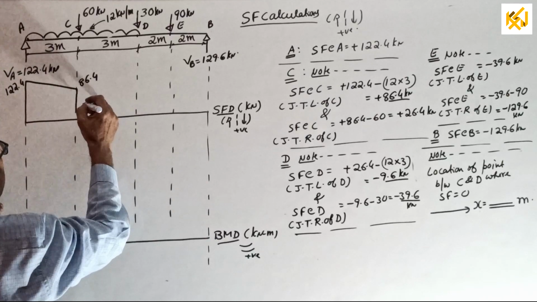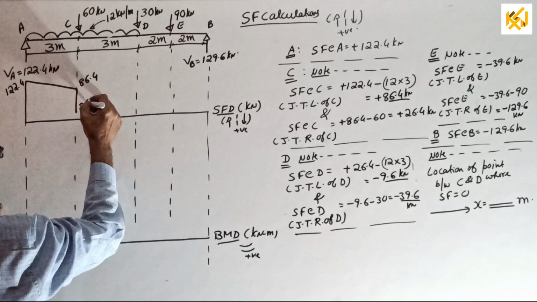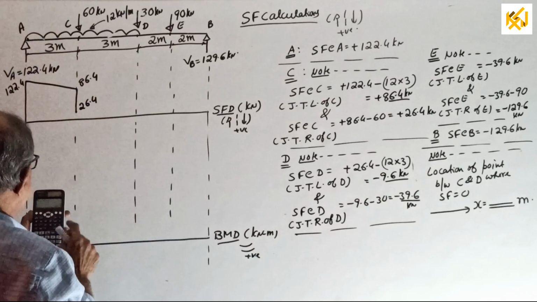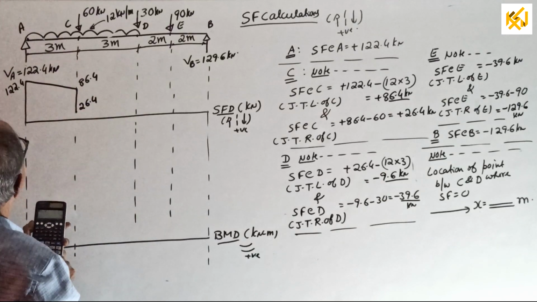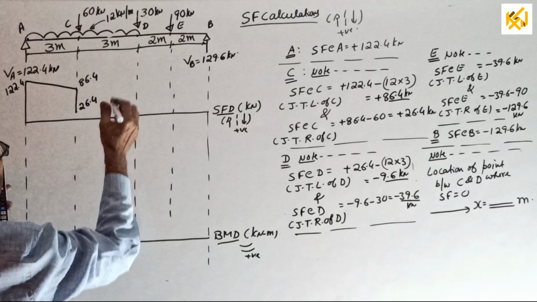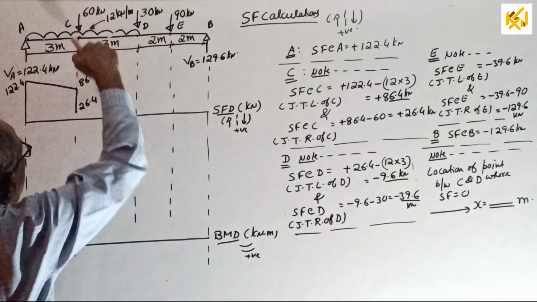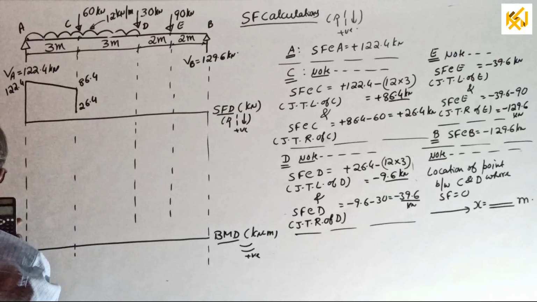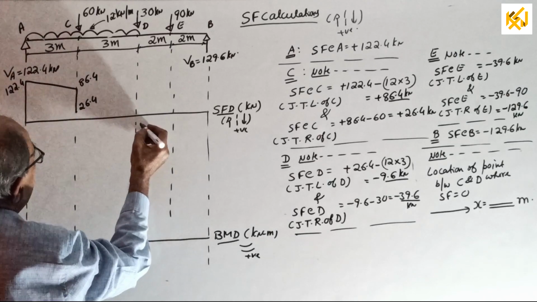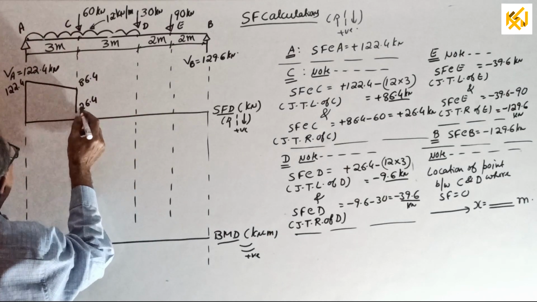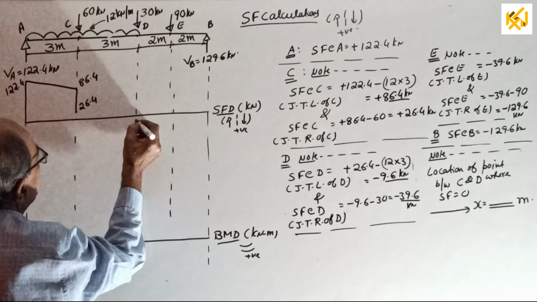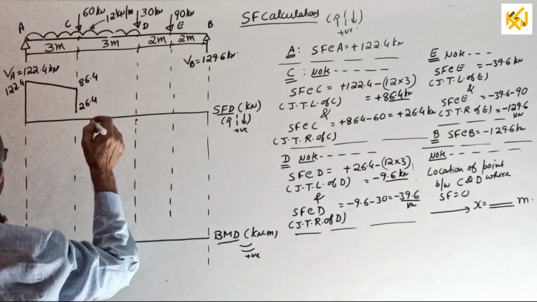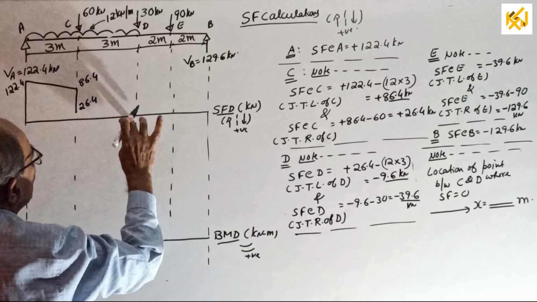So remaining will be 26.4. In the calculator, you should get it: minus 60. And then from here to here, again come down by 12 into 3. Minus 9.6. See, 26.4 here, very small. Minus some means further lesser.